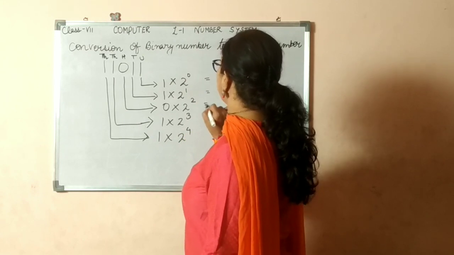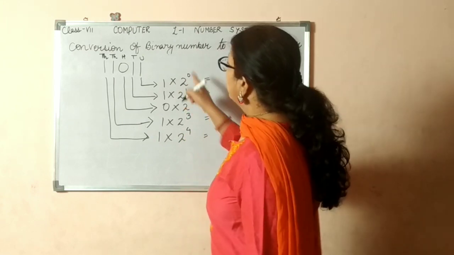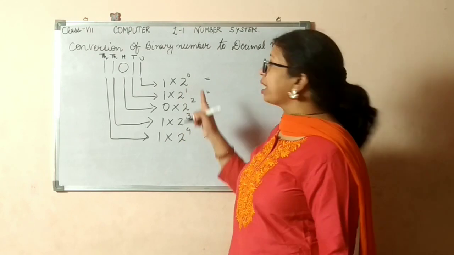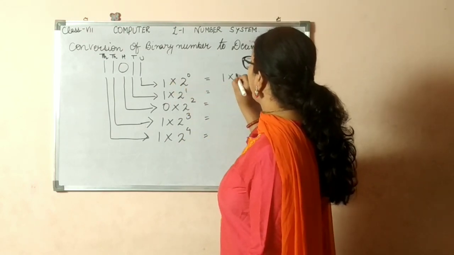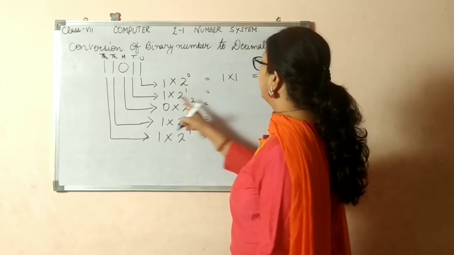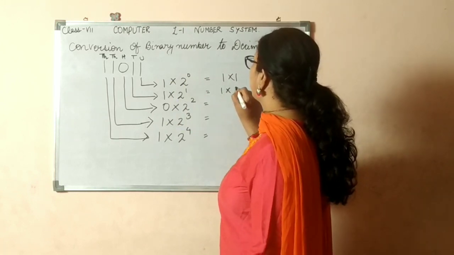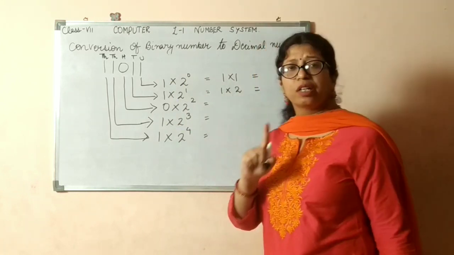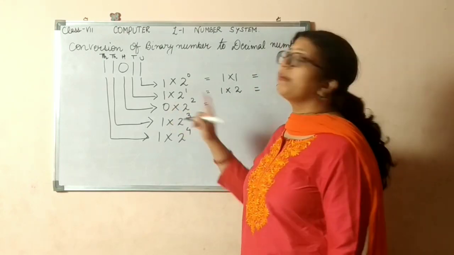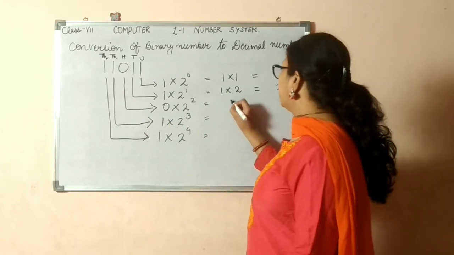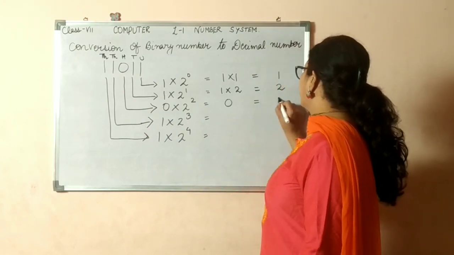Now to find out the value, 2 raised to the power 0 means 1, and when I multiply 1 with 1, 1 into 1 gives me the value 1. Here 2 raised to the power 1 means 2 is written one time only, that means 1 into 2 is 2. 0 multiplying with any number will give the value 0. So here the value is 0.